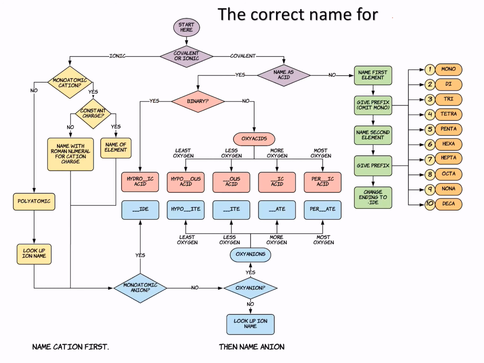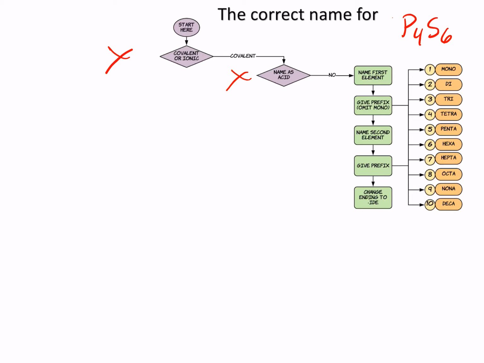Now the correct name for, let's say, P4S6. Okay, so is this an ionic or a covalent compound? Well, it's not ionic. There are only non-metals here. So is this an acid? No, it's not an acid because you don't have hydrogen there, so we can forget about the rest of the diagram there. Now we name the first element. The first element is phosphorus.